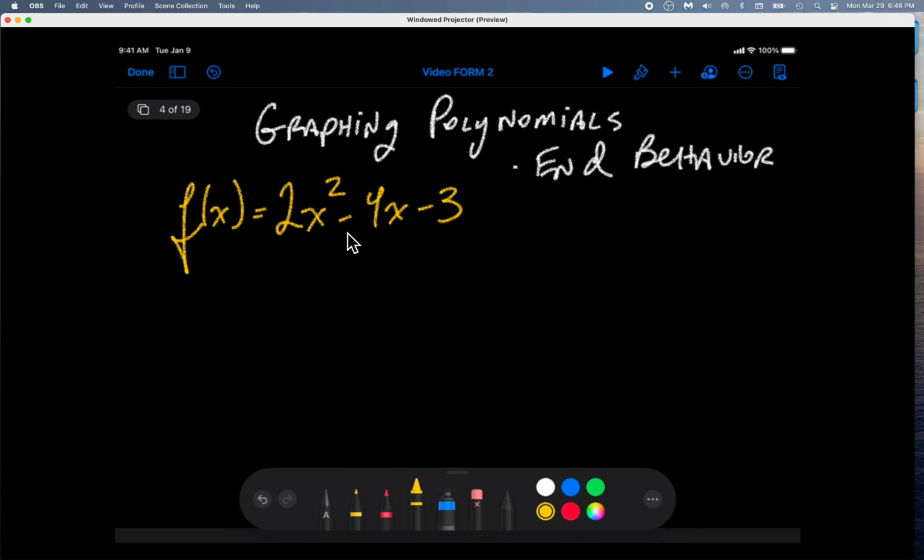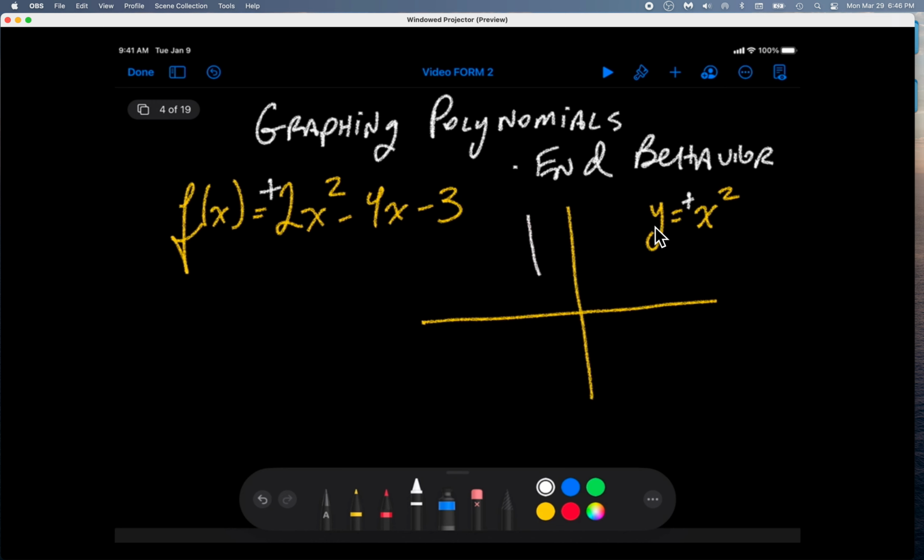So we know that this graph is going to behave like y equals x squared. Now notice something. The leading coefficient is 2, specifically positive 2. Therefore, this polynomial is going to behave like y equals positive x squared.